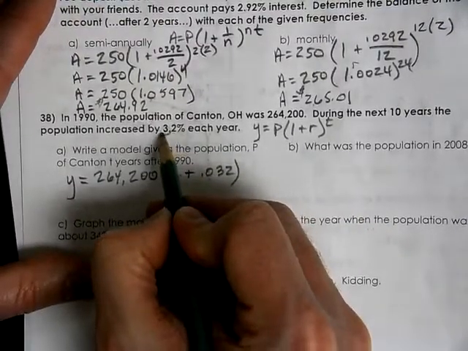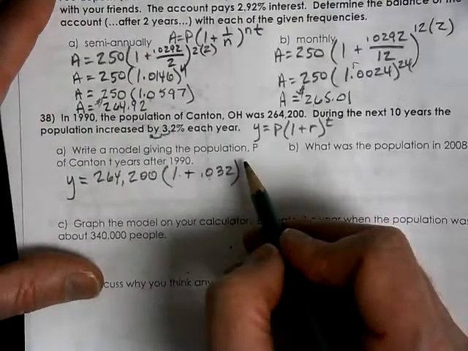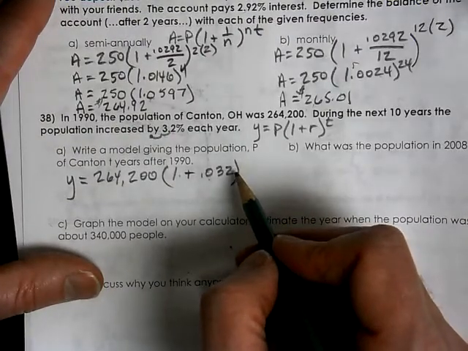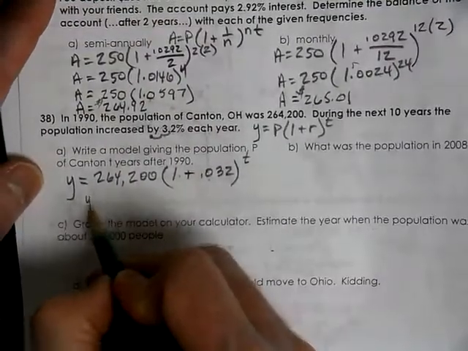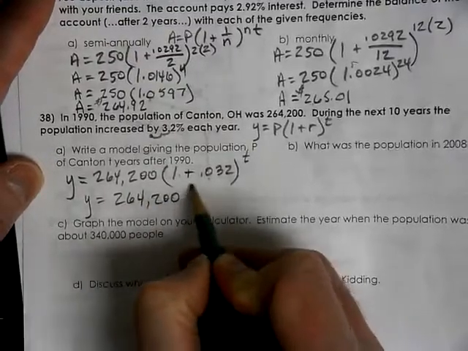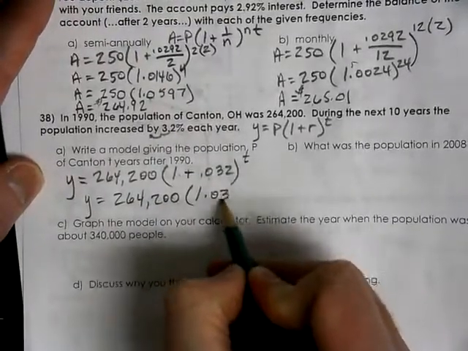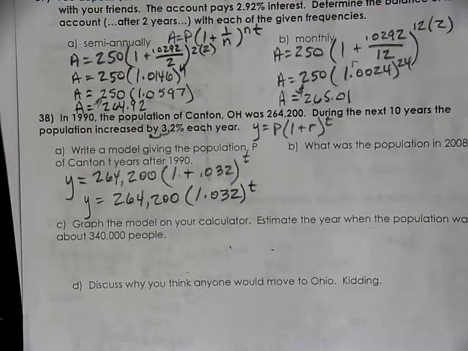You've got to move the decimal spot to the left. And we're writing a model after t years, so we're just going to use a t there. So that is our model.